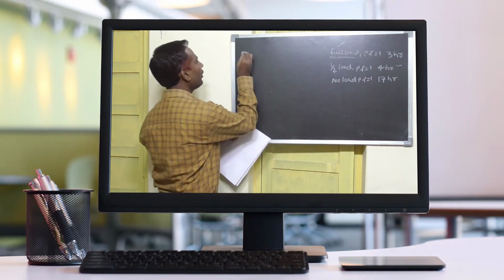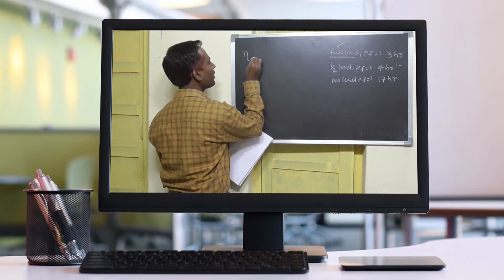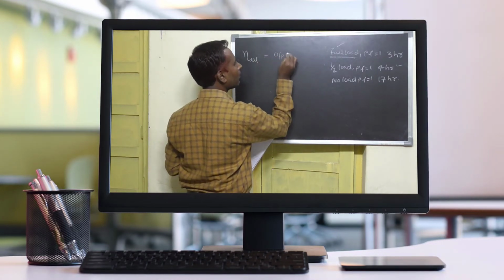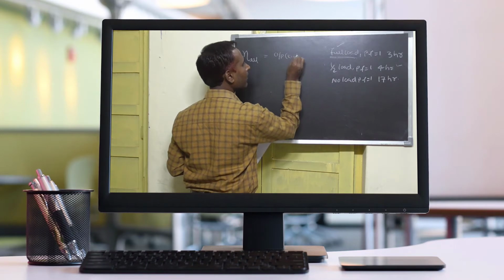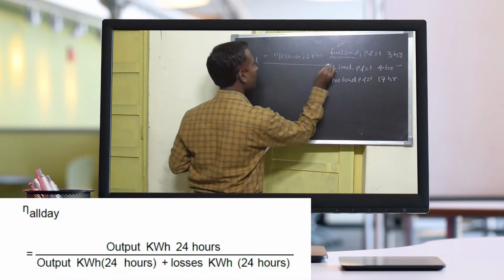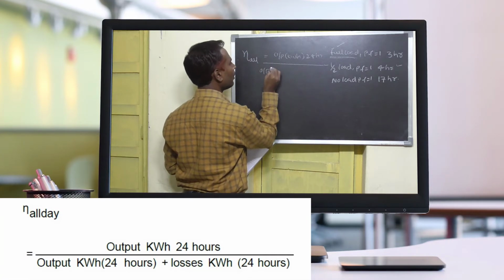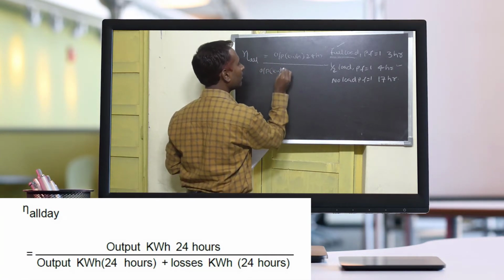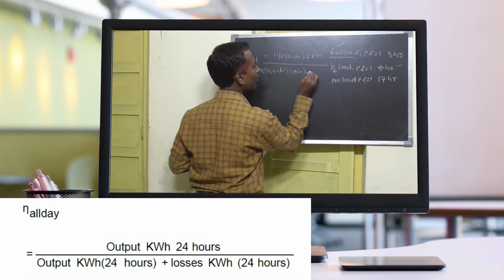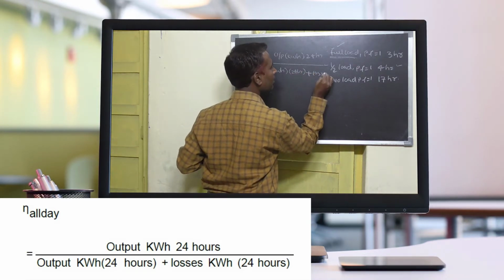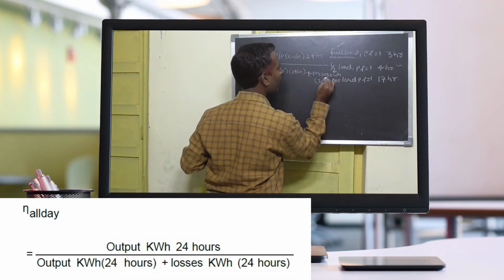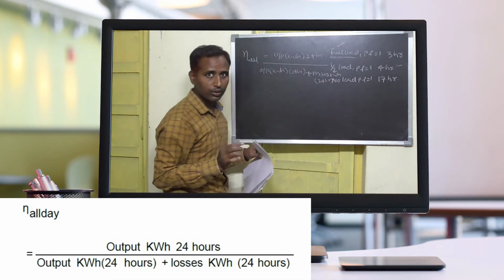So friends, we know the all day efficiency formula, what is that? Output in kilowatt hour for 24 hours, divided by output in kilowatt hour for 24 hours plus losses in kilowatt hour for 24 hours.